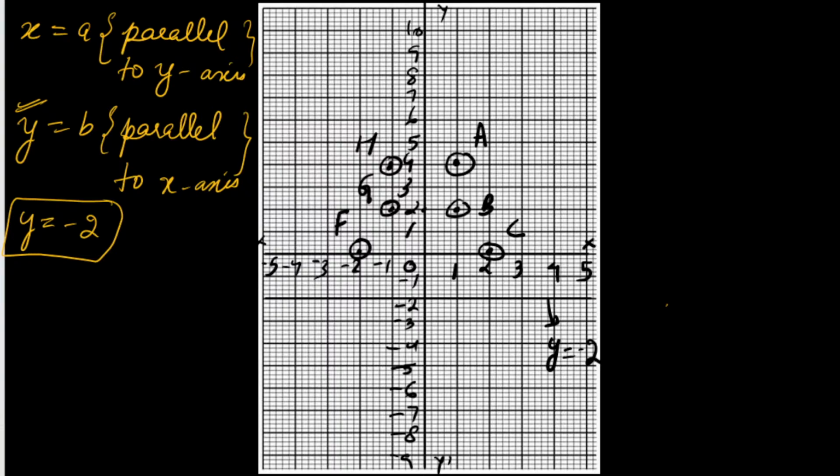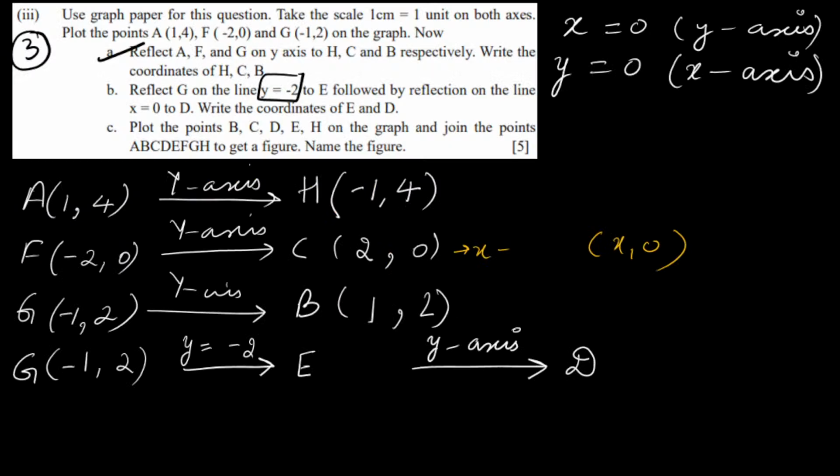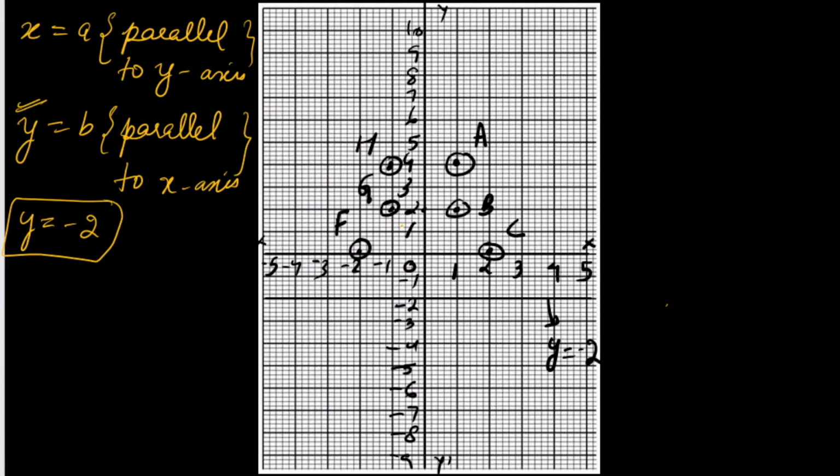Now we have to do this point's reflection. We have to do G's reflection through this line. G's coordinates are minus 1 comma 2.